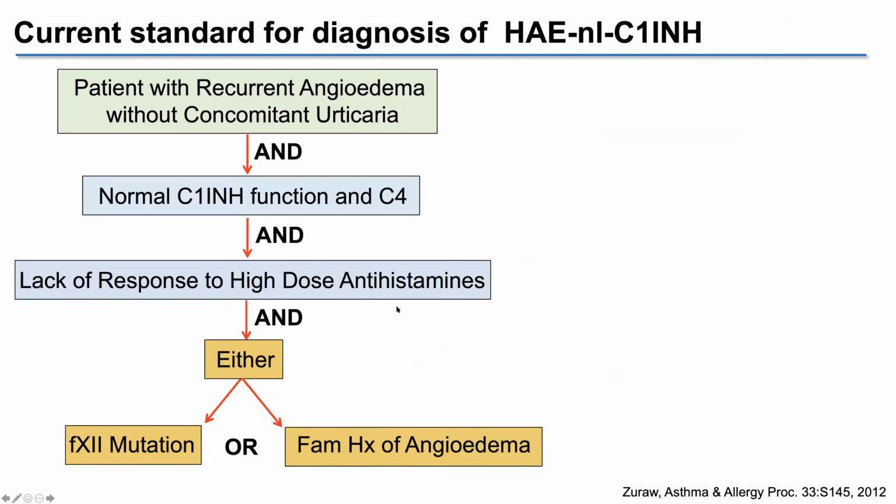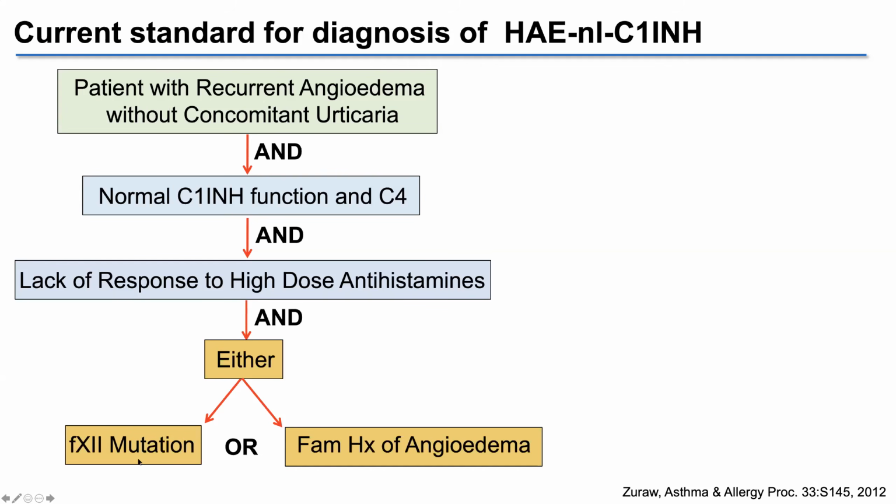But for the HAE normal, the current standard is a really poor one that we published almost a decade ago, which is patients with recurrent angioedema, no hives, normal C1 inhibitor, normal C4. They don't respond to high-dose antihistamines, and they either have a factor 12 mutation, in this case you could say any of the known mutations, or a positive family history.